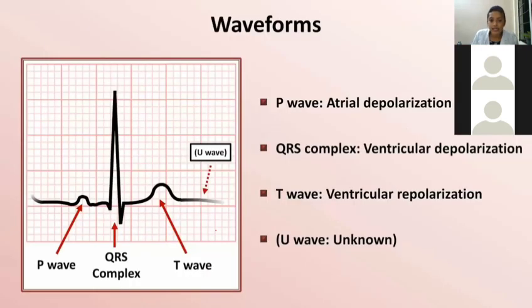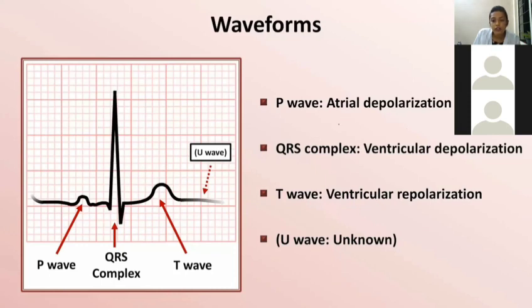So we discussed the different waveforms in the ECG. Here I am summarizing. The P wave represents atrial depolarization, that means contraction of the atria. In the QRS complex, ventricular depolarization is happening, that means contraction of the ventricles. In the T wave, ventricular repolarization is happening, that means the ventricle is again filled with blood.